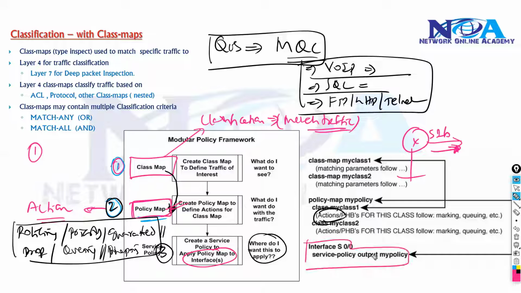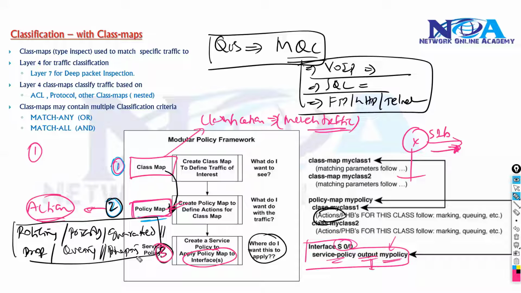You can see this configuration command. This command is going to tell that under this interface, any traffic leaving that interface should apply this policy. Means whatever actions you have defined inside that policy, those actions will be taken only if you apply the policy. And that's what we do in the third step.